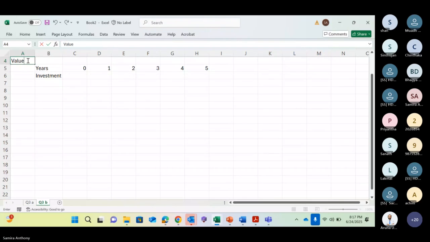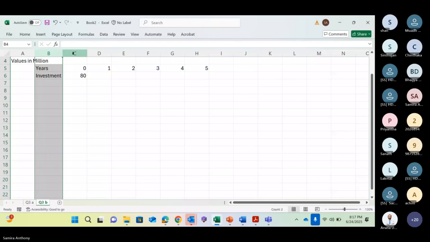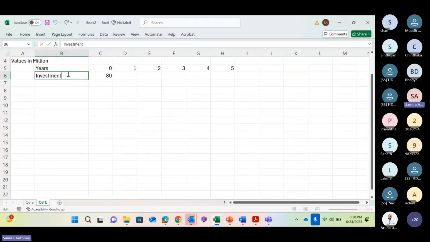Values in million. We will use two currencies. Here 80 million Maldivian value, MVR Maldivian rufiyaa. Investment MVR 80 million is a minus value.